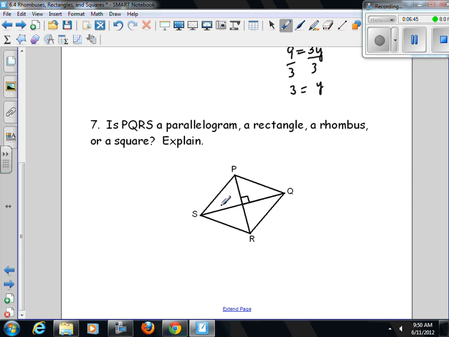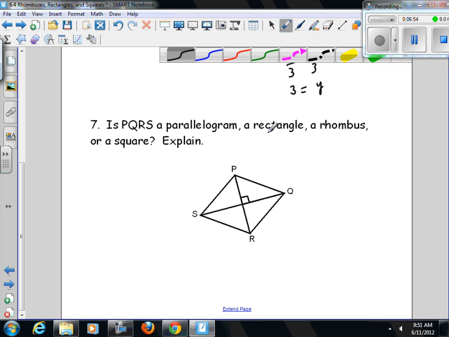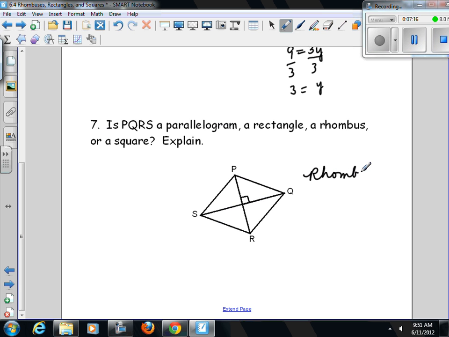When the diagonals are perpendicular, we know that it is a rhombus. Now, if the diagonals were both perpendicular and congruent, we would know that it would be a square. However, by looking at these diagonals, they don't look like they're congruent. They just look to be perpendicular. So we're going to say that this is a rhombus.